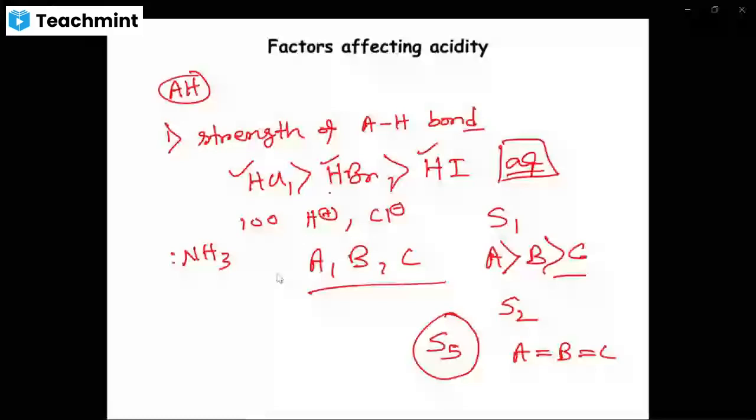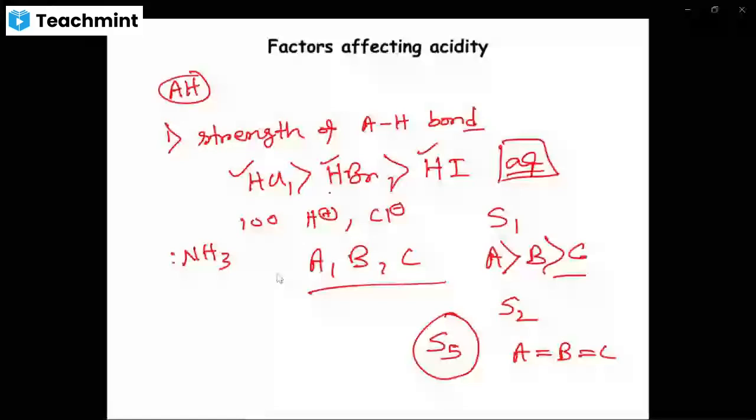So in aqueous solution, if you take a strong acid, there will be no difference in acidity. If you take HCl, HBr, H2SO4, HNO3, whatever you take, if it is a strong electrolyte, their acidity will be the same, because water is a leveling solvent for them. In any leveling solvent, if you take different acids, their acidity will not be different, it will be the same.